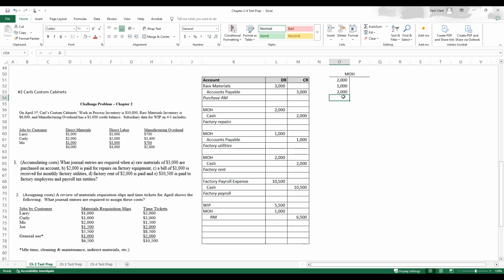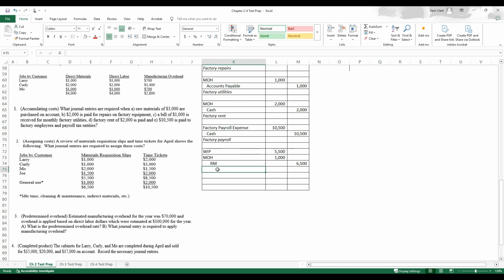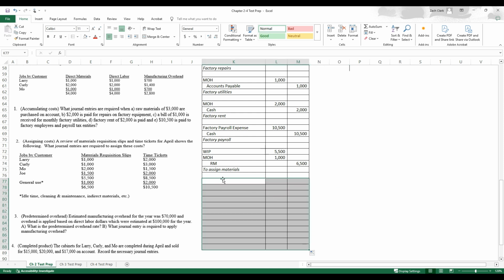So let's go back up to our overhead and debit that. Make that a little longer. And we'll say to assign materials. Okay, I'm going to make that a little longer there, and then let's look at our time tickets, and we're going to say to assign factory payroll.